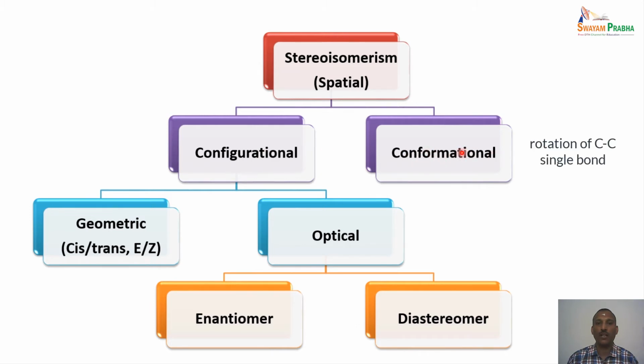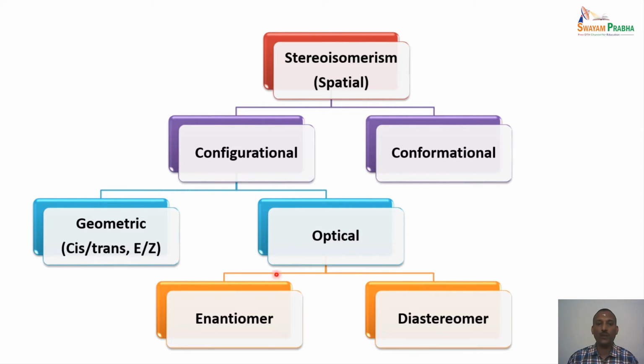Basically, conformational isomers are formed by the rotation of bonds, whereas in the case of configurational isomers, the other isomer is formed by the breakage and joining of bonds. So simple rotation does not give configurational isomers, but simple rotation gives conformational isomers.